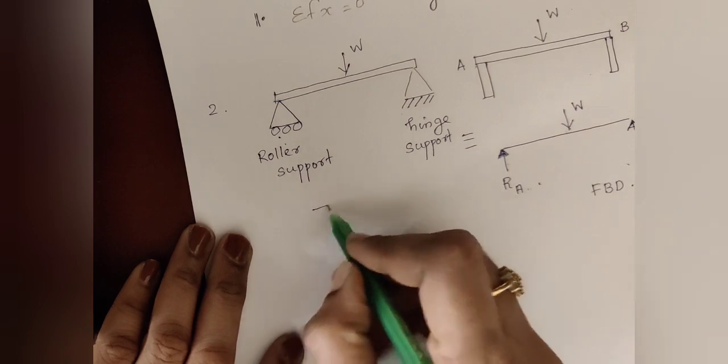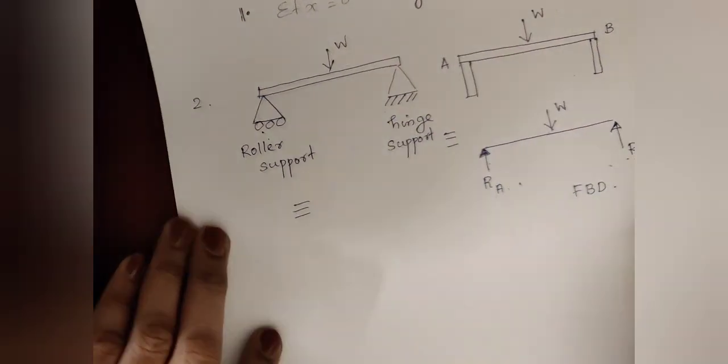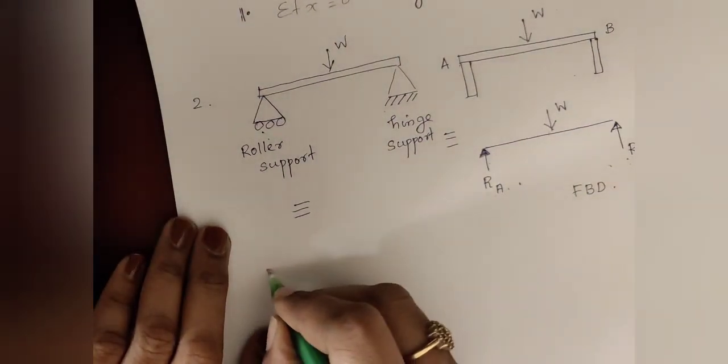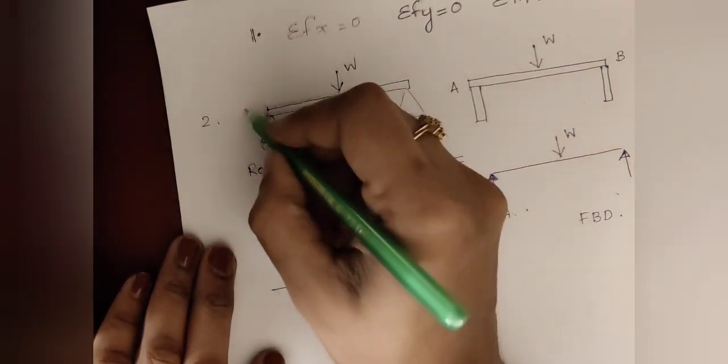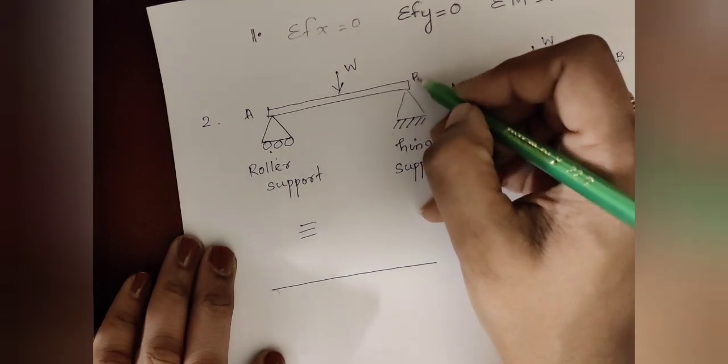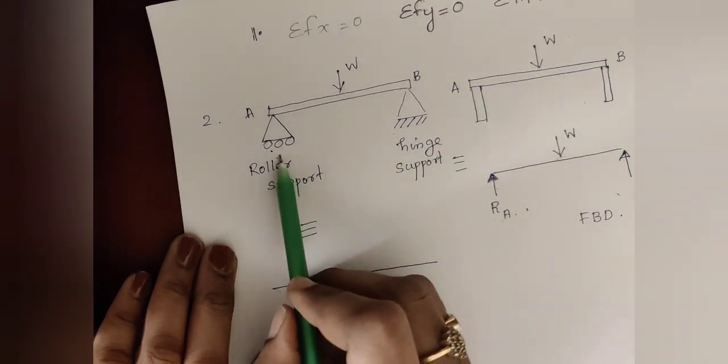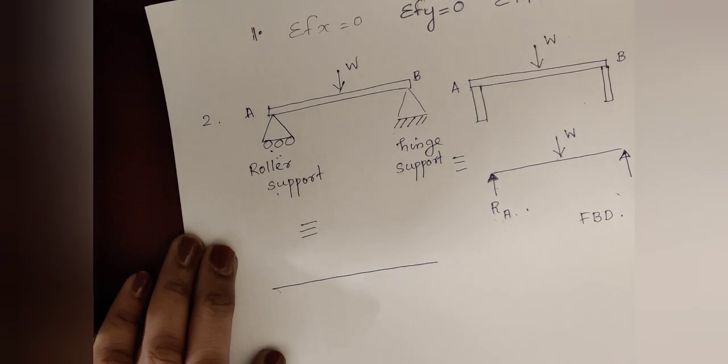In this case also you have to draw the free body diagram. You can name the supports as A and B. At the roller support there is only one reaction, because the roller always restricts the vertical motion.